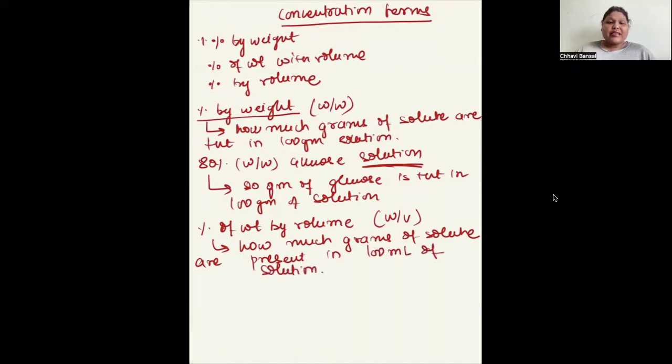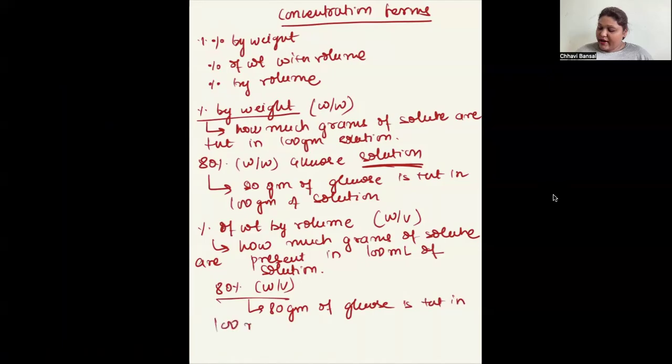Okay. The same 80% glucose solution we have taken before. We'll take the same example. If it is 80% W by V, what does this mean? It means that 80 grams of glucose is present in 100 ml of solution. Okay. So this is the difference between W by W and W by V.